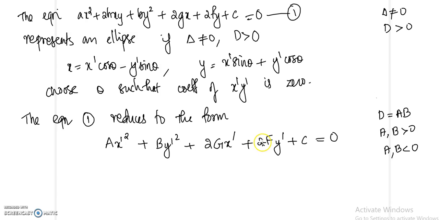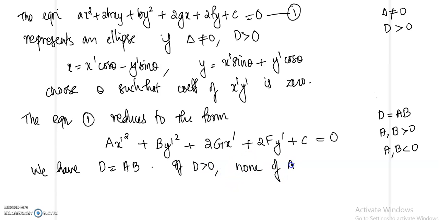So let us look at that. We have d equal to AB, and if d is greater than 0, then A and B cannot be 0.